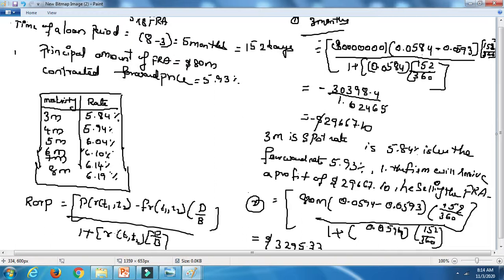The answer doesn't matter. What matters is the interest rate. If the spot rate is less than the forward rate, then the firm will receive a profit and it sells the forward rate agreement.